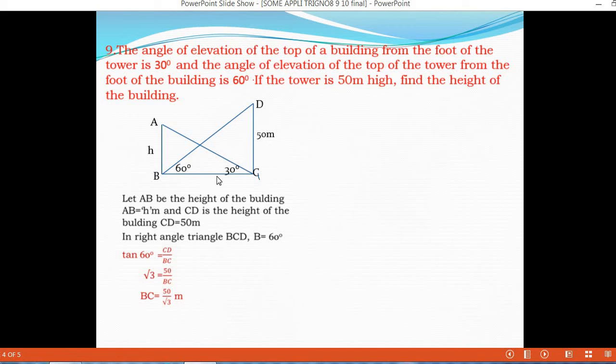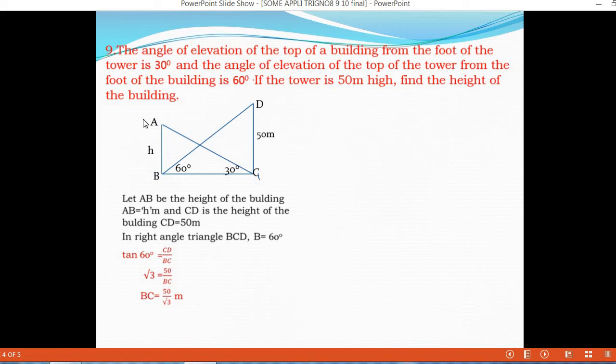So here one is the tower, another one is a building. Here AB is the building. From this building, if you observe the top of the tower, the angle of elevation from the foot of the building is found to be 60 degrees, and from another point C, the angle of elevation to the top of the building is 30 degrees.